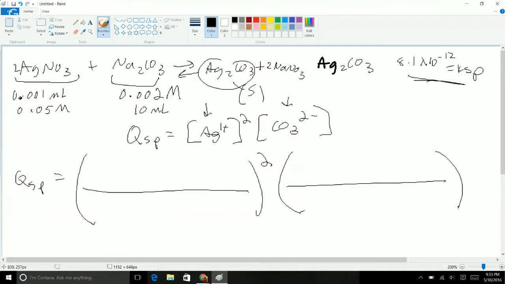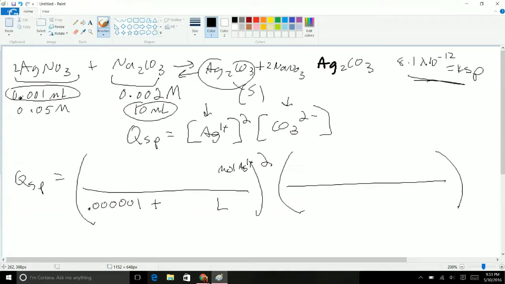So my molarity of my silver ions is going to be moles of my silver ions per liter of total solution. My total solution happens to be 0.001 mL and 10 mL. So in liters, if I take my 0.001 milliliters, that'd be 0.000001.